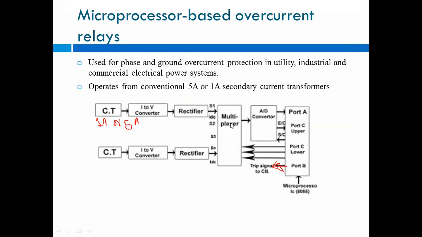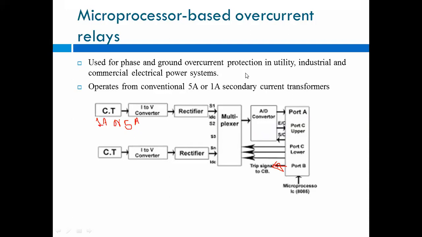Then the microprocessor based overcurrent relay. In yesterday's lecture we have seen this microprocessor based overcurrent relay, right? We have seen the explanation for that chapter, for that practical, and we are going to conduct the experiment on that also.